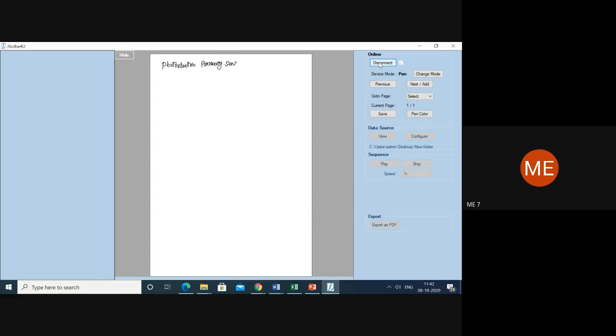Based on what concept is this sensor going to be developed? Any idea? Using photovoltaic cells. Exactly. The effect is called the photoelectric effect.